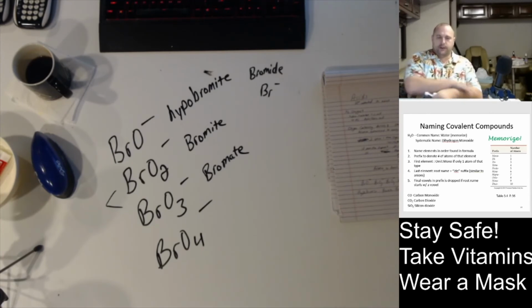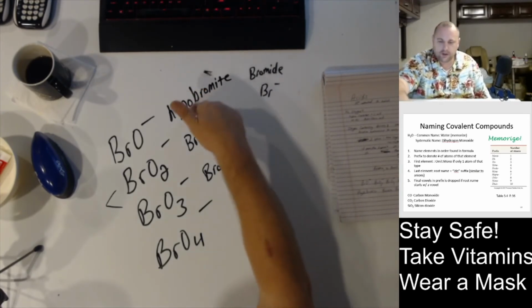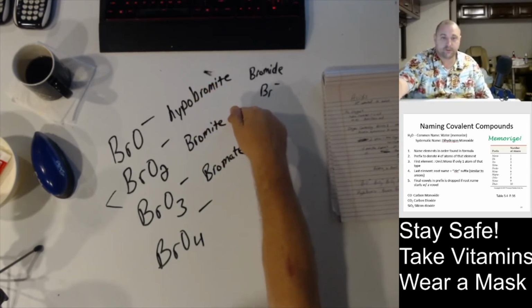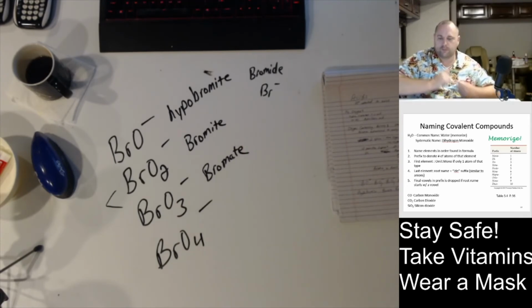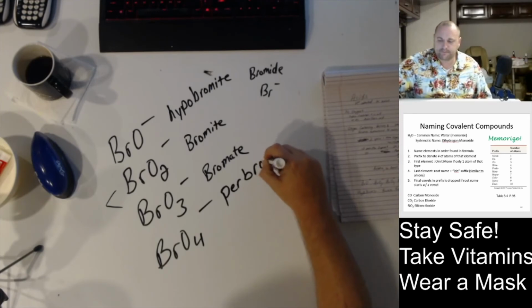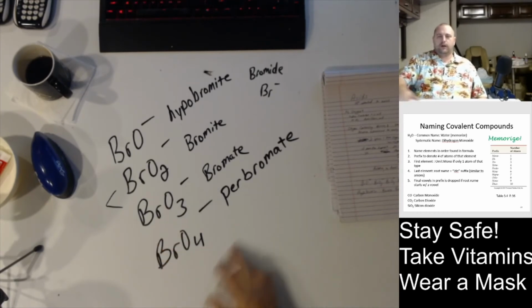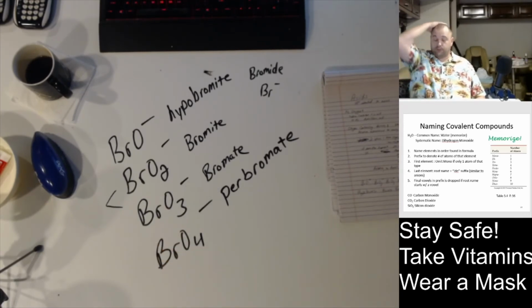Some medications are done in patches, and so they're put on top of your skin. All right, so hypobromite is less than bromite. We need the one that's more than bromate, and so it's perbromate. Okay, so naming these systems might help you a little bit with your memorization.